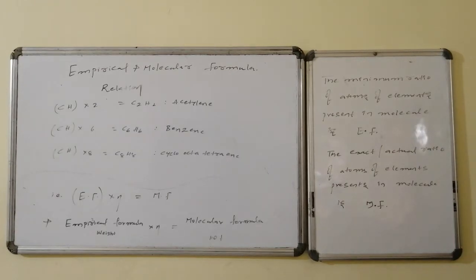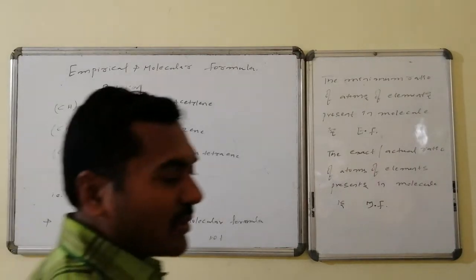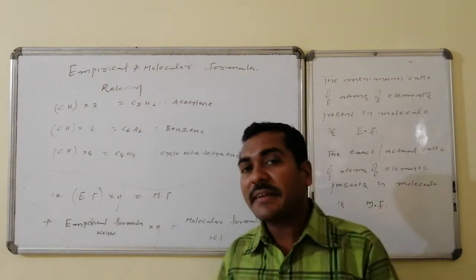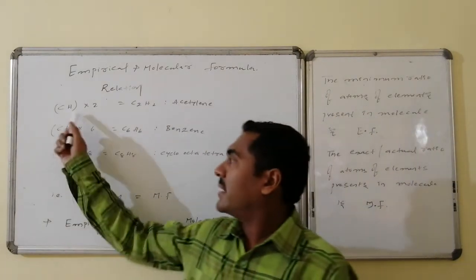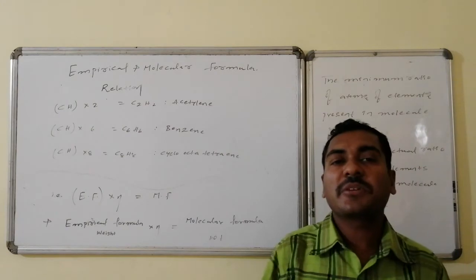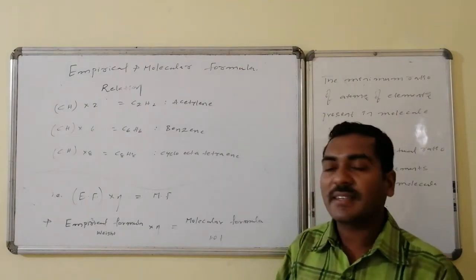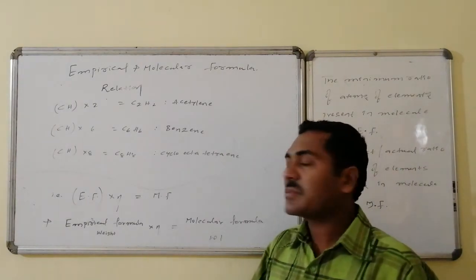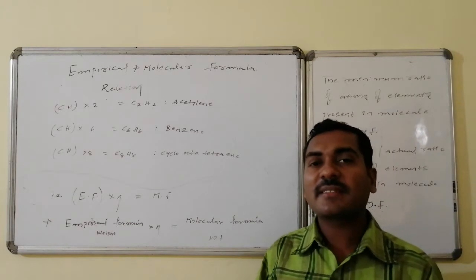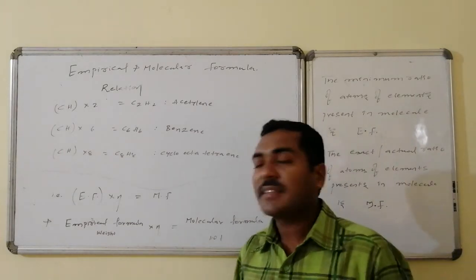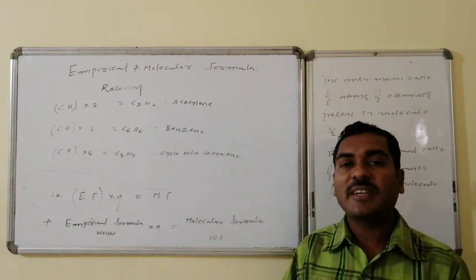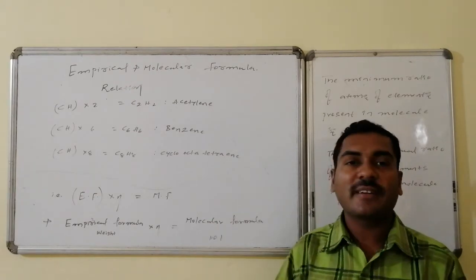In the discussed examples of empirical formula and molecular formula, CH into 2 times becomes C2H2, that is acetylene. CH into 6 times becomes C6H6, that is benzene. CH into 8 times becomes C8H8, which is known as cyclooctatetraene.